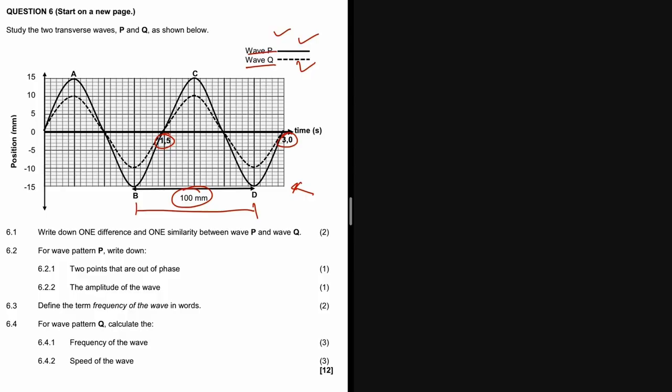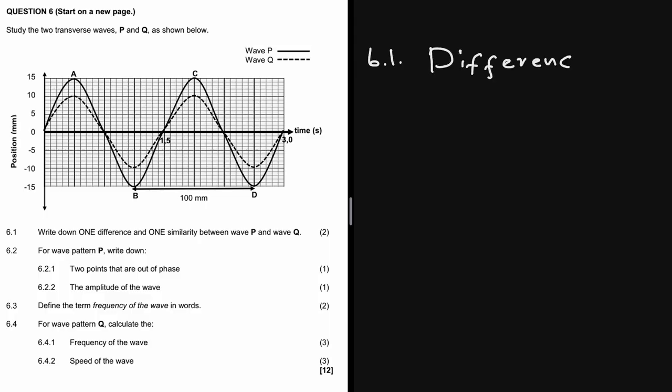After identifying what we have in the diagram, we can now start to answer the questions. The first question, which is 6.1, says, write down one difference and one similarity between wave P and Q. So what is different between these two waves?